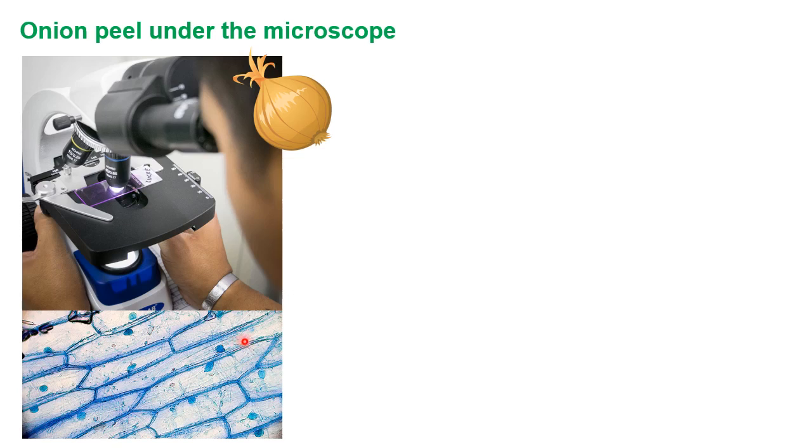Depending upon what kind of stain you are using, they may appear blue if you are using methylene blue, or violet if you are using crystal violet. If you are using a stain such as safranin, they may appear reddish. But what you will see are these kinds of structures. These are nothing but cells, right?